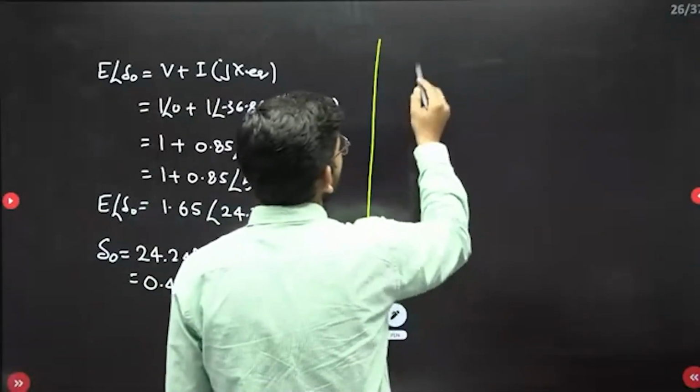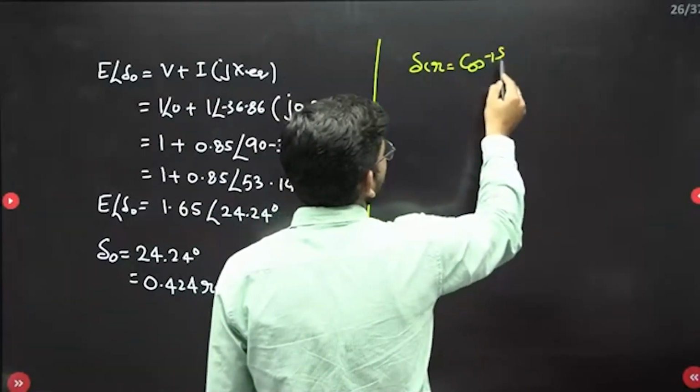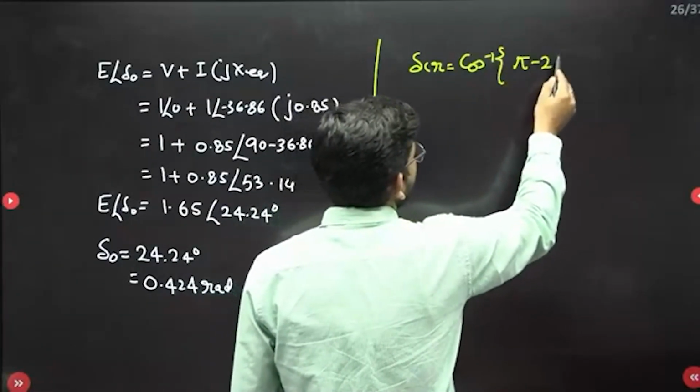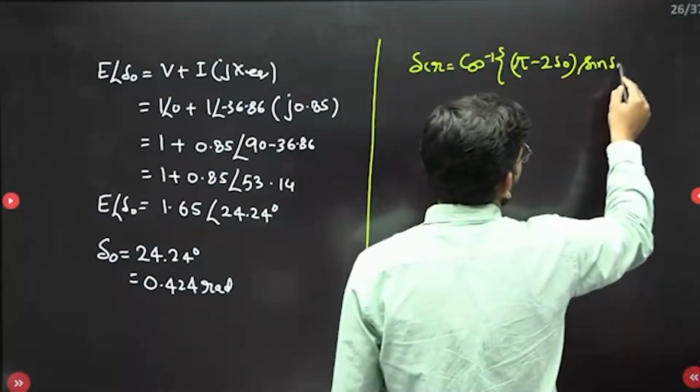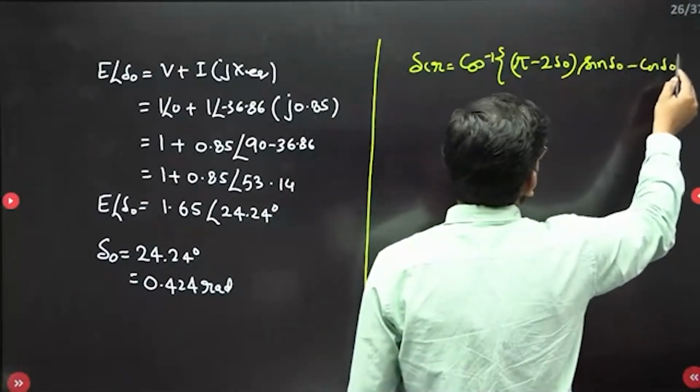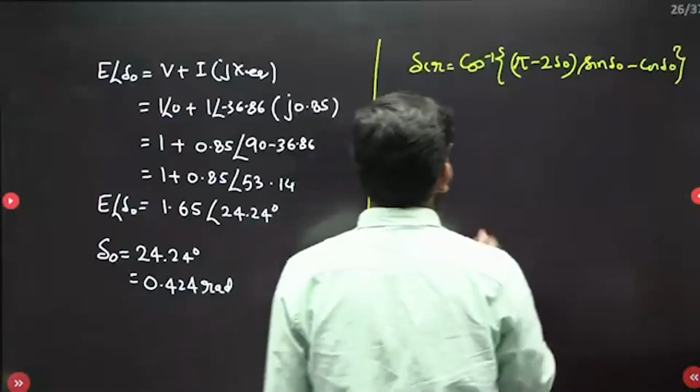Now come back to the formula. We need the value of del CR, which is cos inverse of (pi minus 2 del naught) sin del naught minus cos del naught. This is the formula, isn't it? Now put the values.